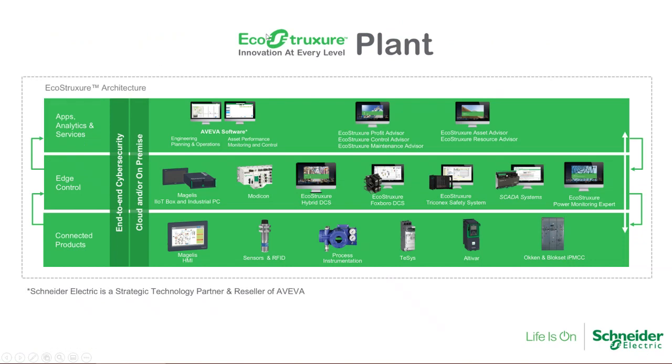So when we look at the EcoStruxure plant in its entirety, and this can really be shown for any type of system, we're looking at what we call connected products. These are the smart devices, the smart starters, the smart VSDs, and then the edge control can be your existing PLC, or retrofitted PLCs, or agnostic IoT boxes, which are purely there to pull the data, concentrate the data, and then make it available either through networking or through 3G, 4G, or wireless.